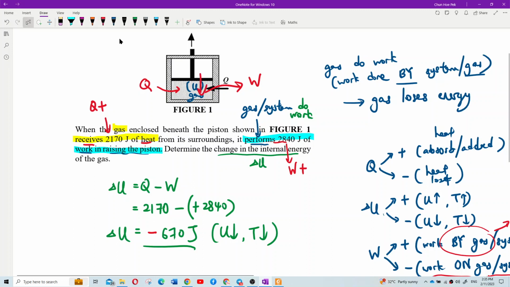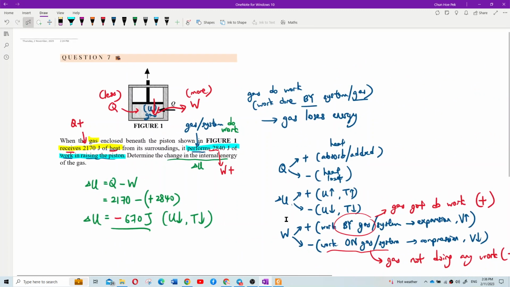You lost energy more than you gain energy. That means internal energy will drop lah. That's why you get delta U negative. Understand? It loses more energy than it gains, so it gets negative. Understand, class?